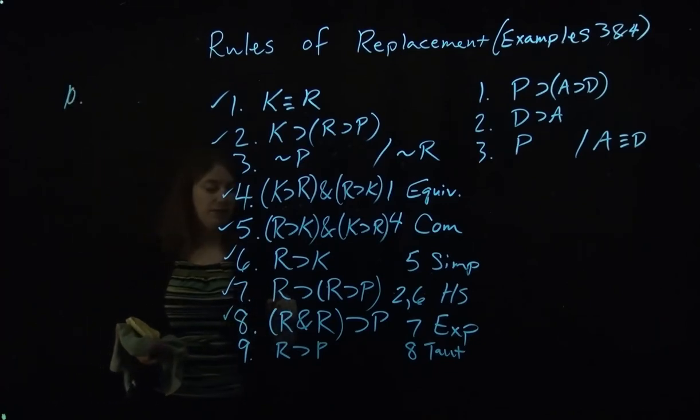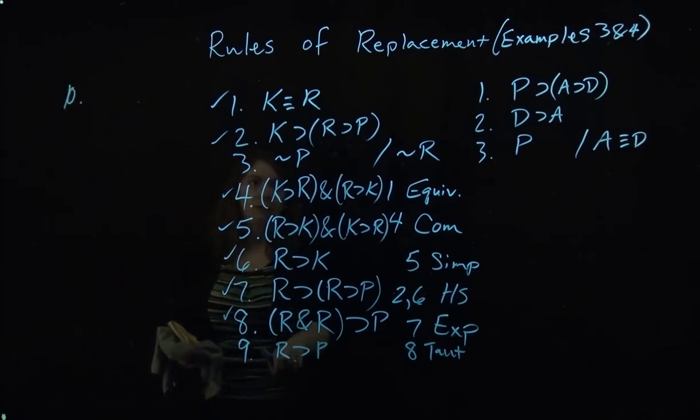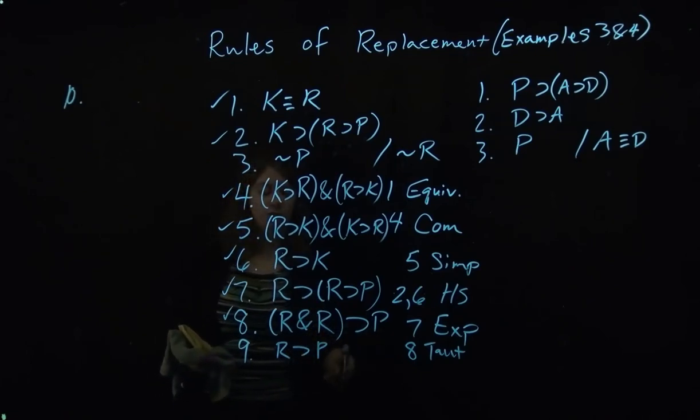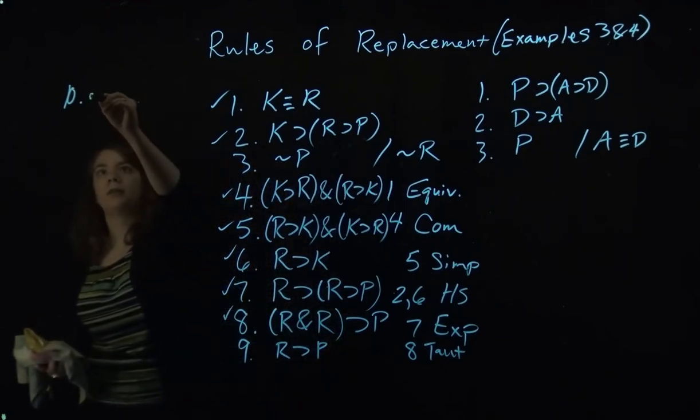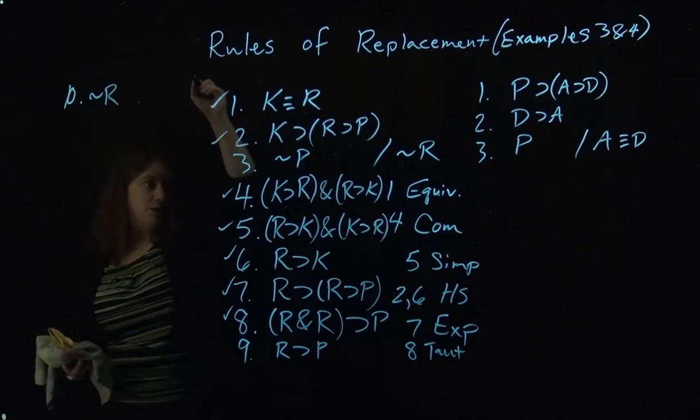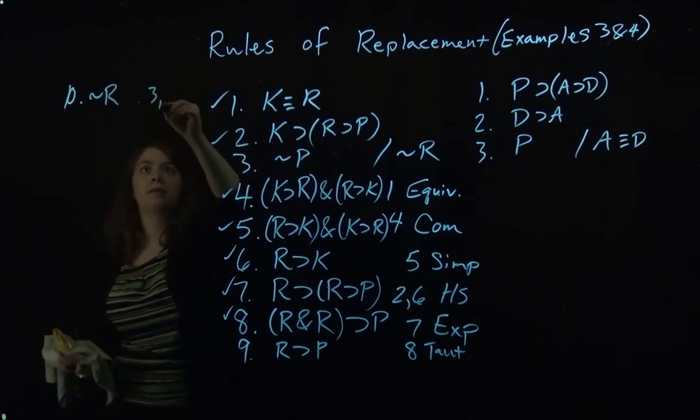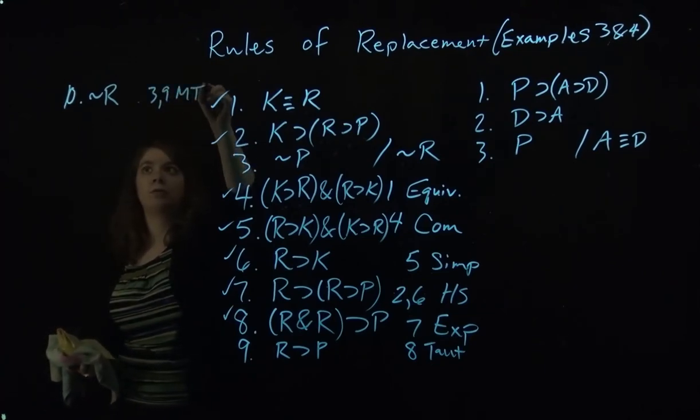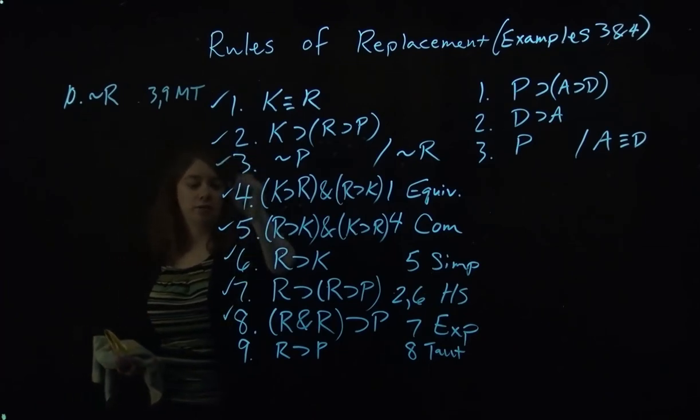So on step 10, now we have 3 and 9, and we can use that general rule of implication, modus tollens, because we have the negation of the consequent, and so by lines 3 and 9, using modus tollens, we derive not R.